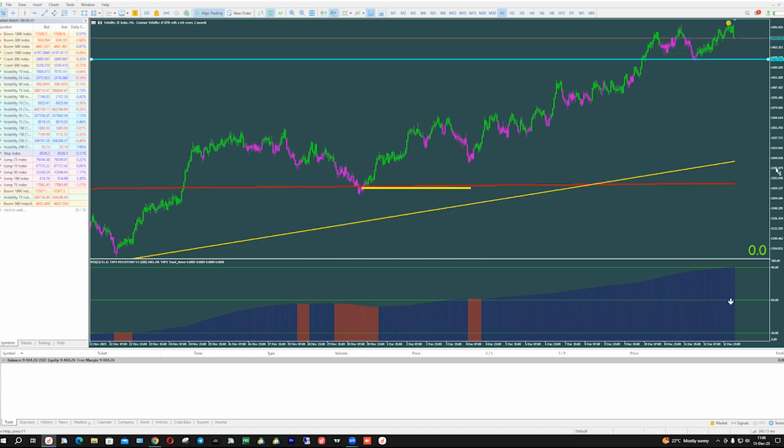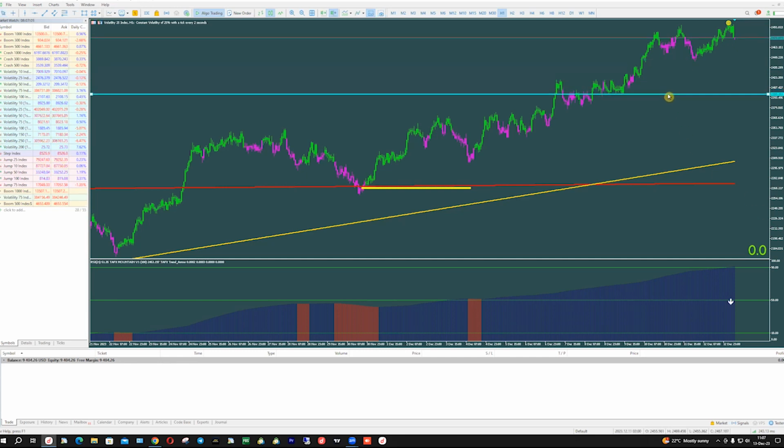If it breaks this, our major inducement, then again, we can wait for that market and sell it at this point and continue going down. If it is this area, let's say, for example, we will wait until this market breaks this area so that we can enter the trade.